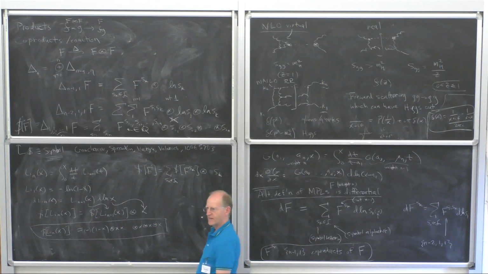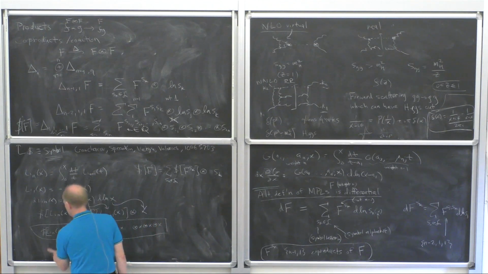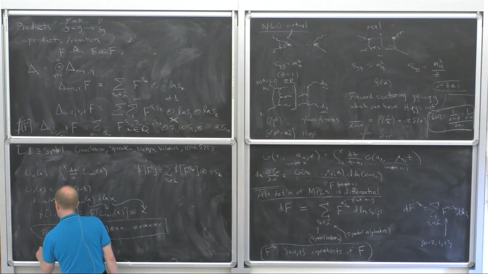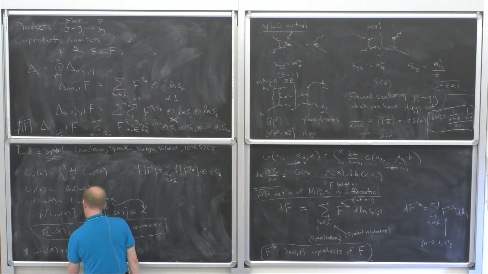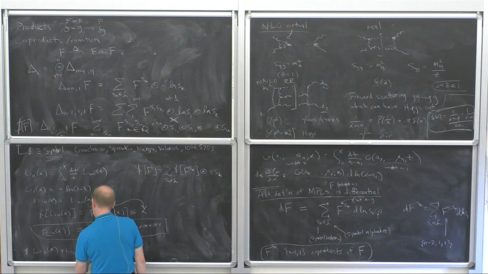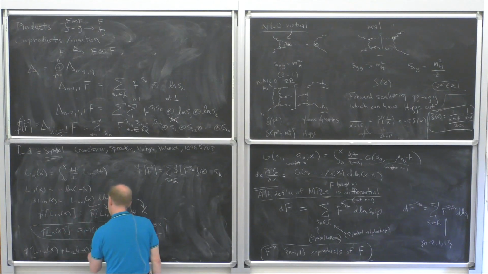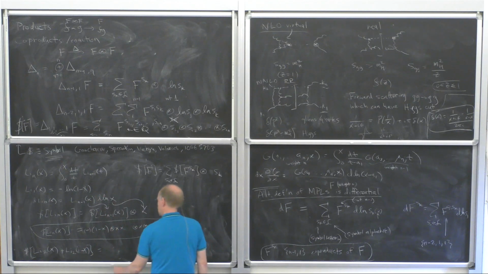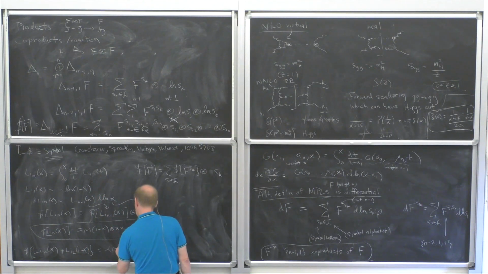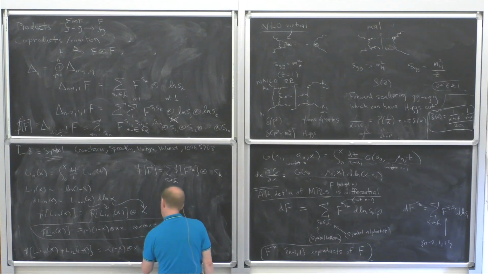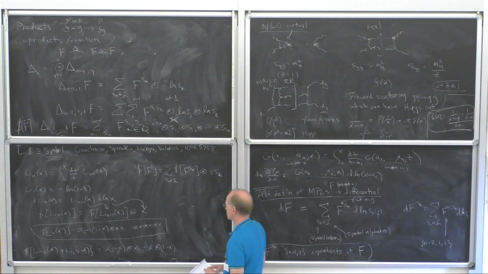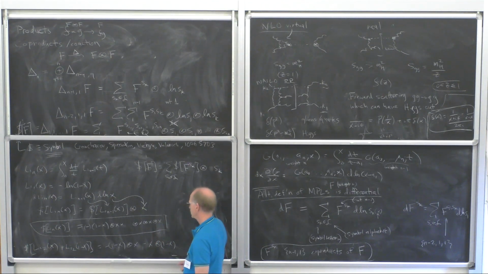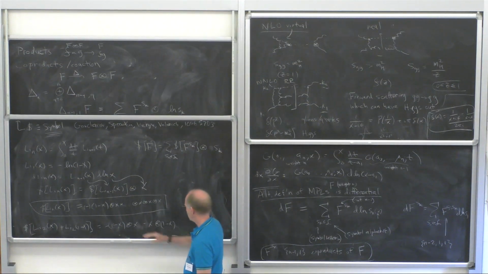Okay, now I'm going to come back to your question. Suppose I take the symbol of Li2 of x, and I add to it the symbol of this. So that ends up looking like this.